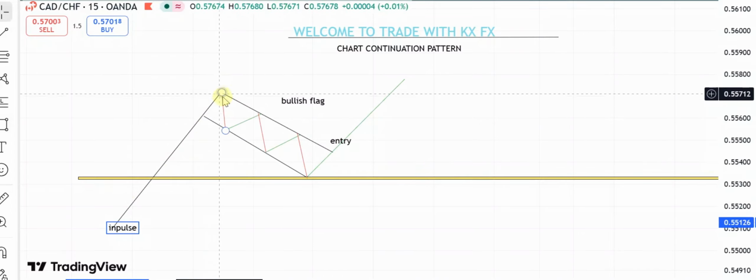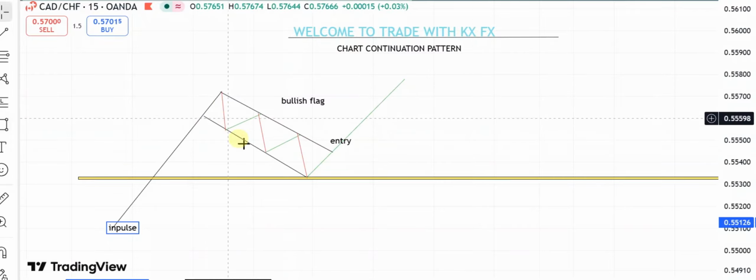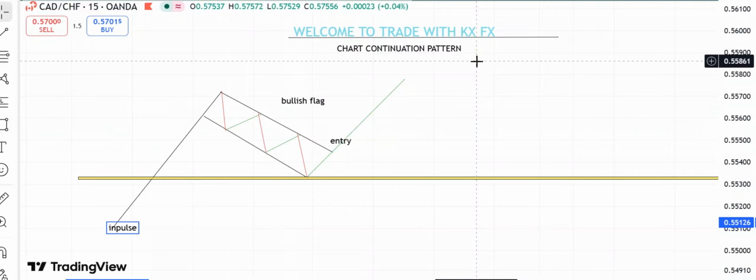You should be expecting what? A pullback. That pullback now is a continuation pattern to the upside, and the market pauses because traders take profits, new traders enter, buyers and sellers temporarily balance.